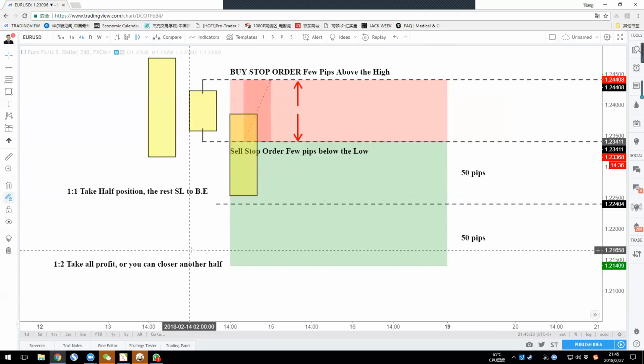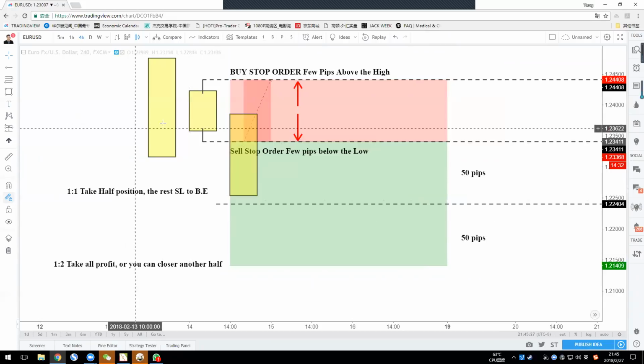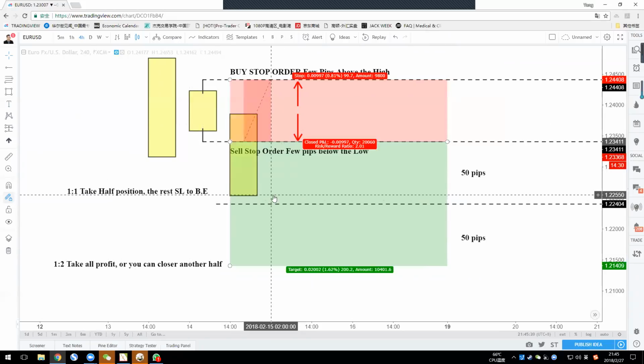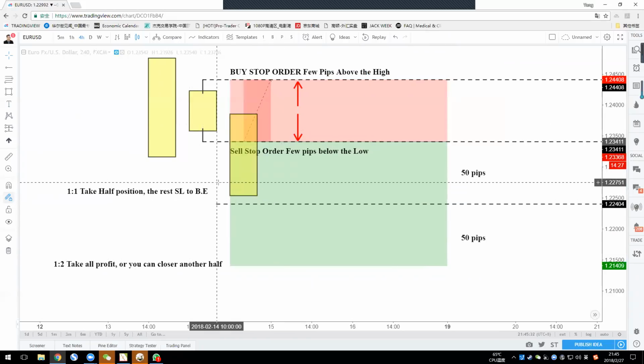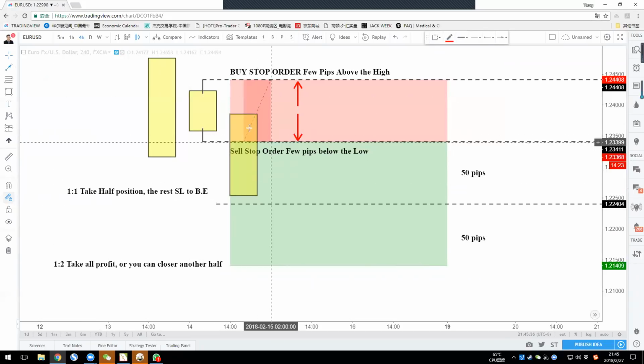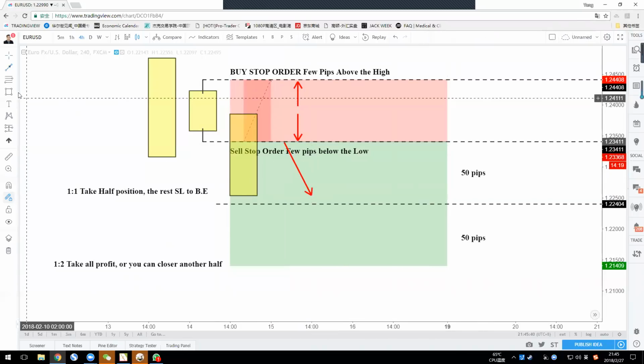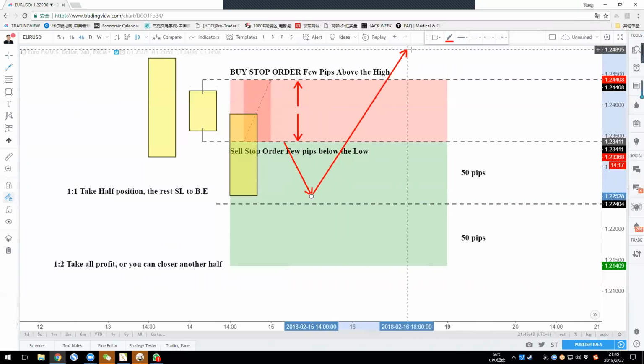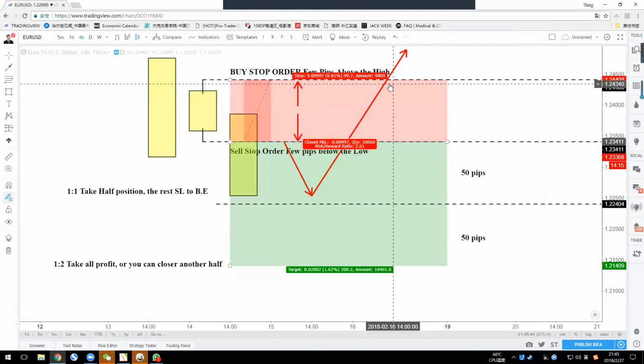It doubles your profit. And by taking half profit, you actually are reducing your risk, because definitely you don't want to sell or buy an inside bar, the price goes to here, you never take any profit, and then boom, the price just moves up and takes your stop loss. So we have to prevent this scenario from happening.